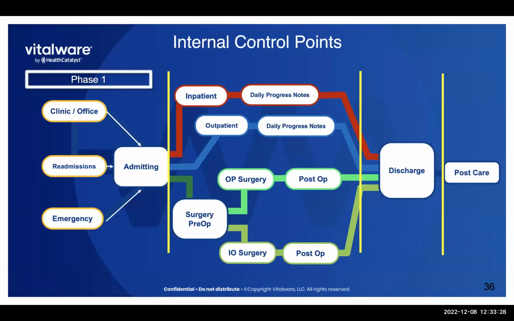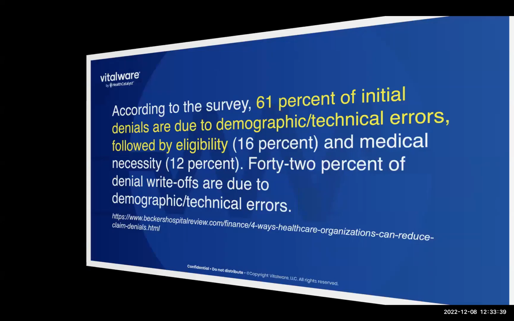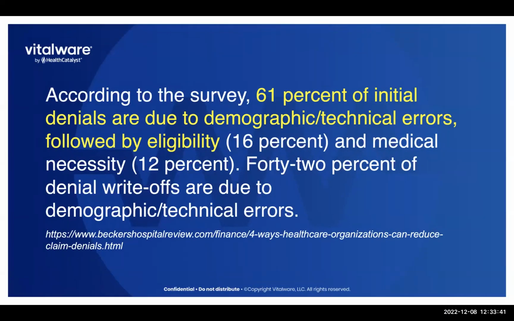What happens in these areas that creates either enhanced cost, over-treatment, treatment in the wrong setting? What is the issue? When we look at this, 61% of initial denials that are not fatal are due to demographic and technical errors, followed by eligibility at 16%, medical necessity at 12%. So 42% of denial write-offs are due to demographic and technical errors.